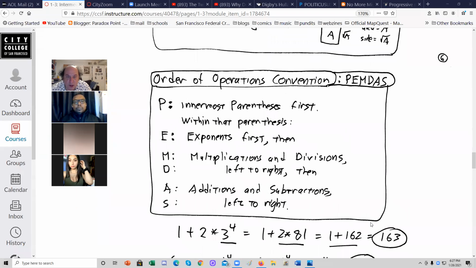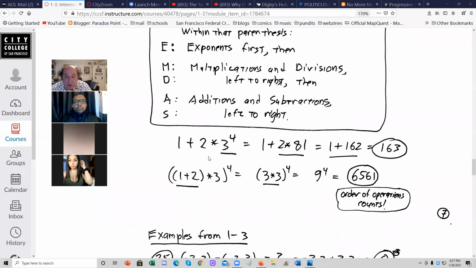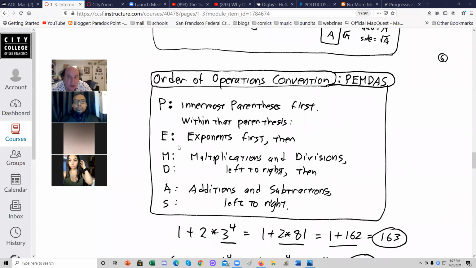But usually, when you do something, you always do the innermost parenthesis first. But if there's no parenthesis, we have an order of operations convention called PEMDAS. P for innermost parentheses first. And within that parenthesis, E, exponents first, before times or divide or addition or subtract.